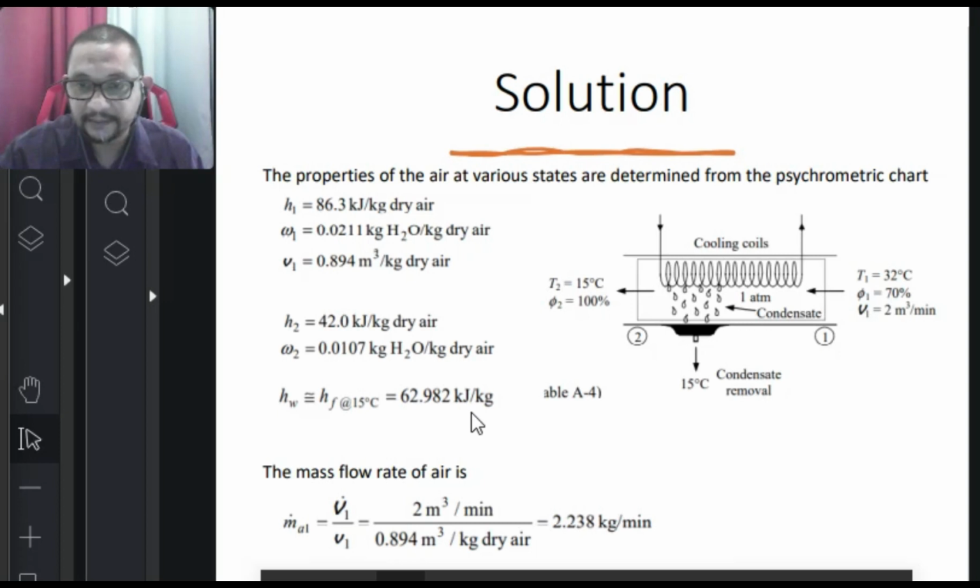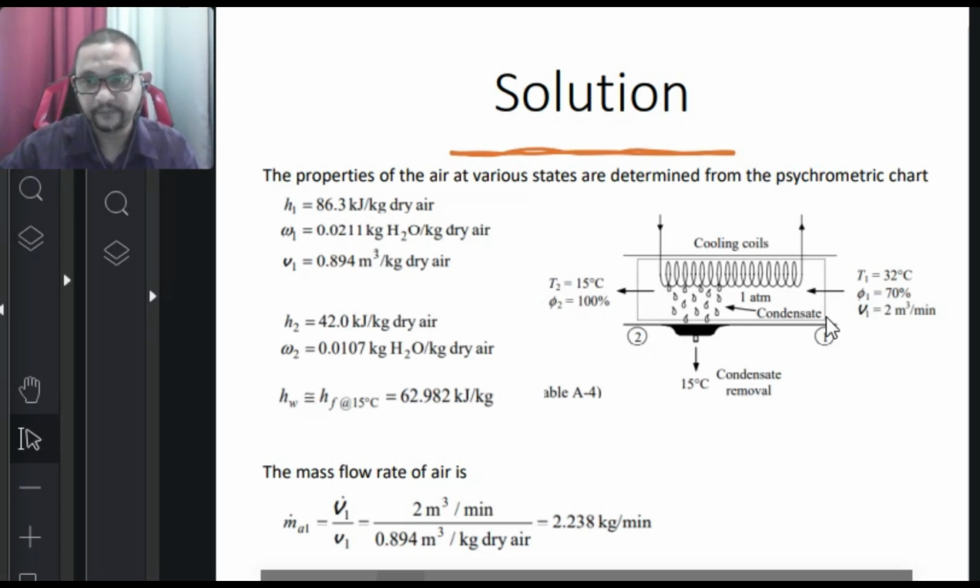This is taken from the properties table, that means table A4, for water. For the mass flow rate, you can use the formula rho A V. Simplifying that formula, you get the answer of 2.238 kilogram per minute for m dot of air 1 at state number 1.